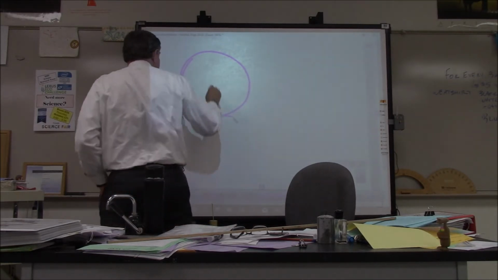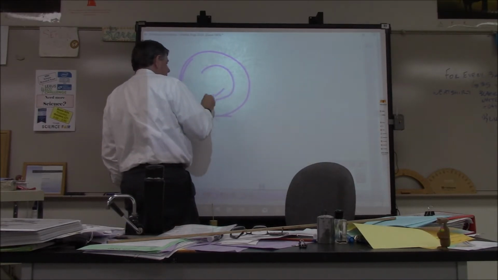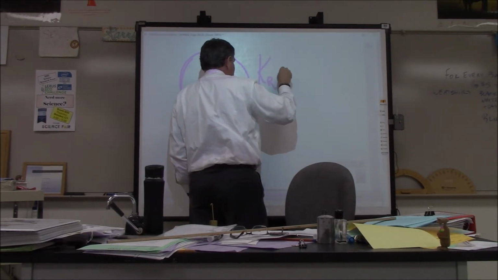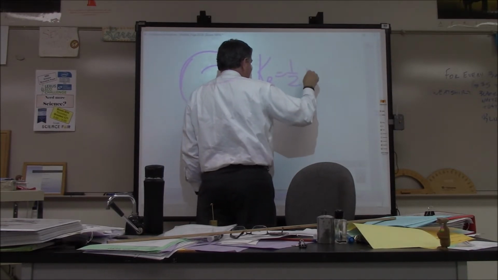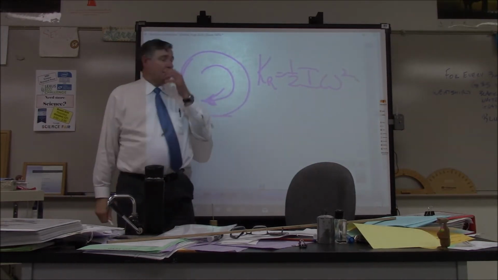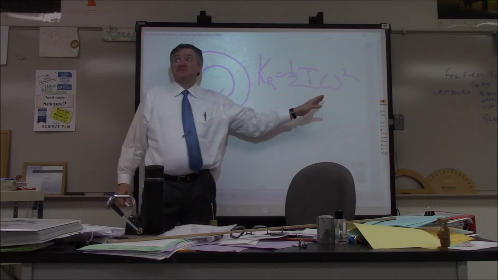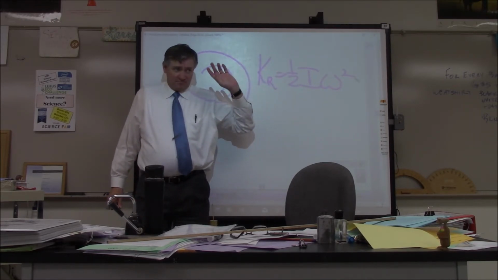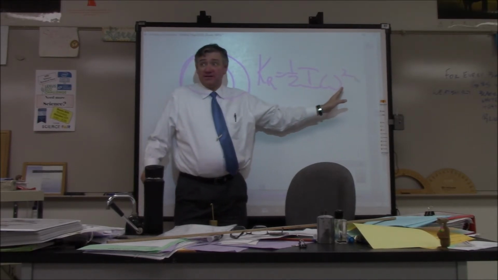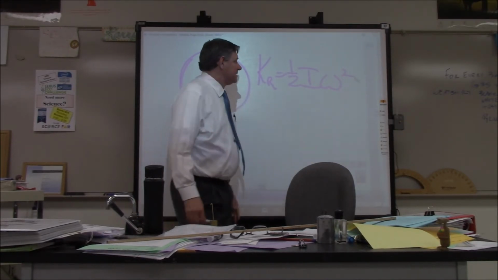Now, if I want to make this thing spin, rotational kinetic energy is 1/2 I omega squared. Now, what's I? Quick refresher: moment of inertia. This is your butt, which is how fast you spin.